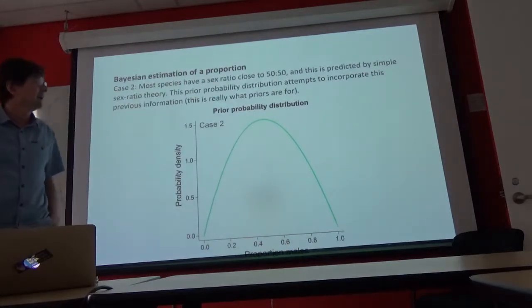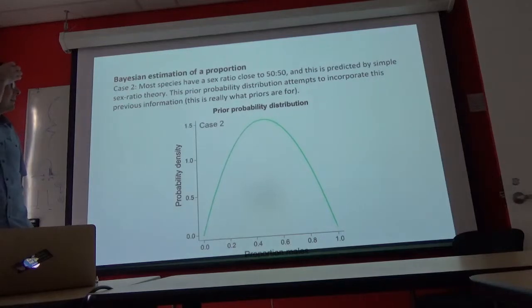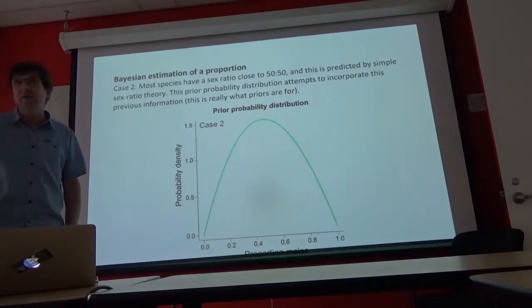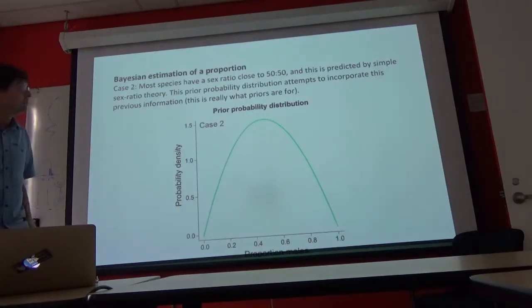But come on, we already know, we have this wealth of data out there which says that typically the sex ratios of populations are close to 50-50. We have a theory that predicts a 50-50 sex ratio under most circumstances. And that's usually what we find when we go out into nature and estimate the fraction of males and females in a population.